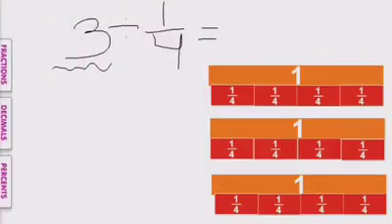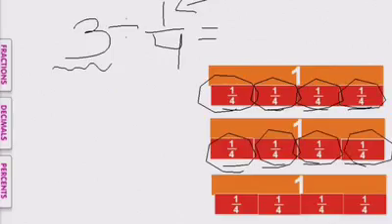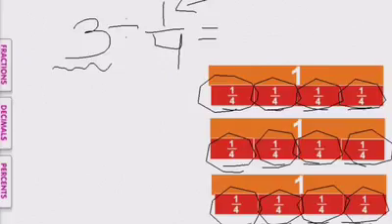Now we're putting them into groups of 1 because our numerator is 1. Okay, so I'm just going to be circling each 1/4 piece. And you can see here that we have a total of 1, 2, 3, 4, 5, 6, 7, 8, 9, 10, 11, 12 pieces.